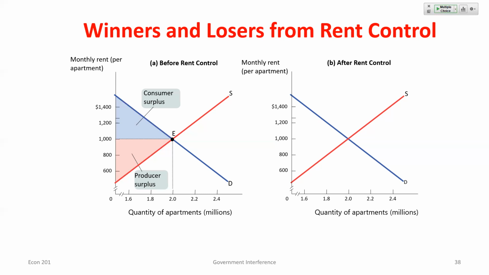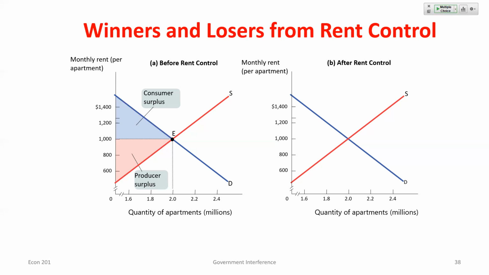For every unit sold, that surplus value becomes smaller and smaller. But if we're interested in all of consumer surplus, we would take the surplus at every quantity sold and add them all up. So the area underneath the demand curve but above the price consumers are paying represents all of consumer surplus.